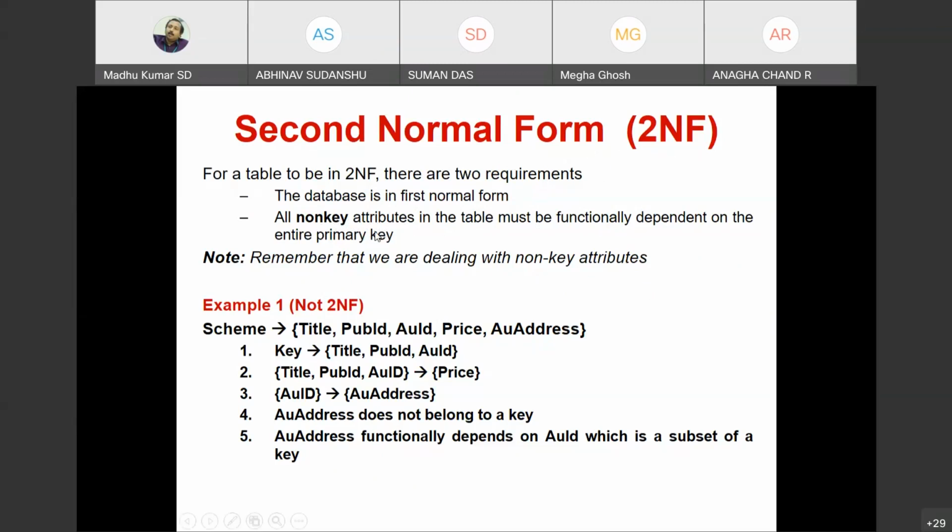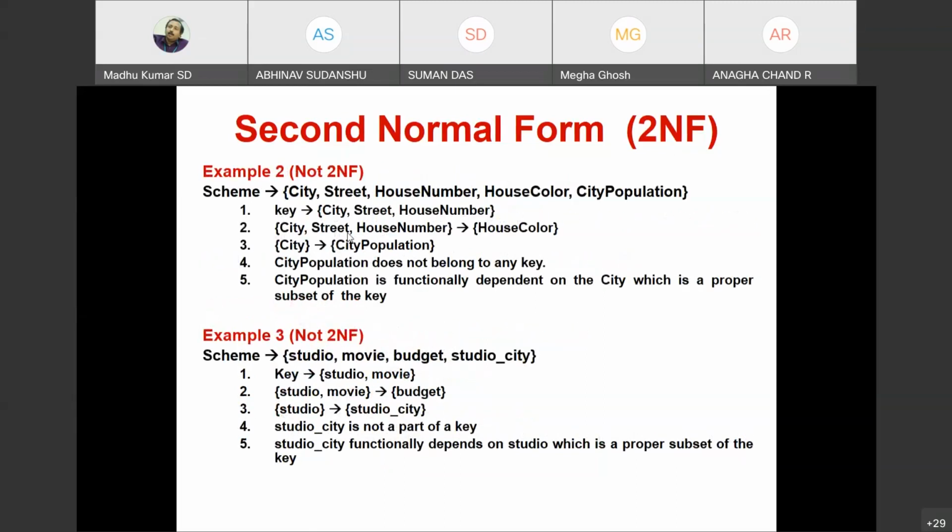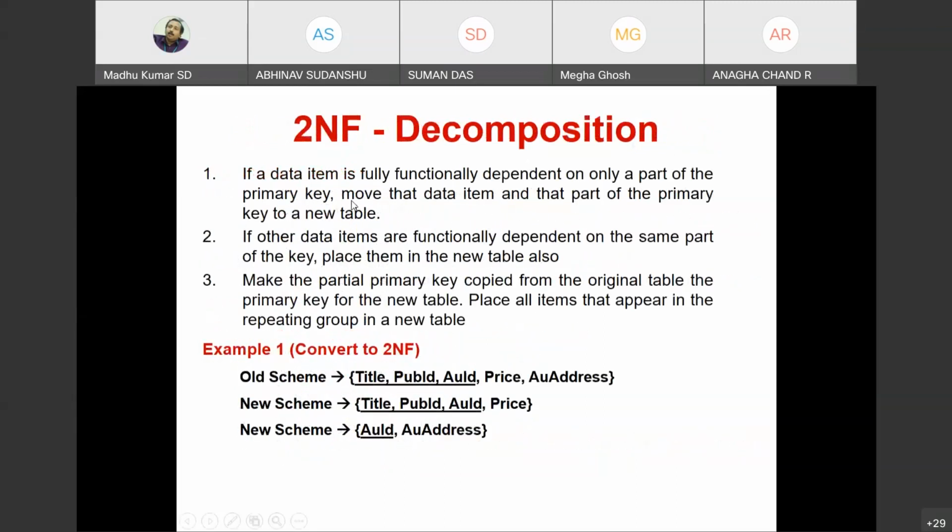That means all non-key attributes should be fully functionally dependent on the primary key. Then only we say that the relation is in second normal form. First normal form was only talking about atomic values, but in second normal form, all non-key attributes should be fully functionally dependent on the primary key. So we have seen examples for that.